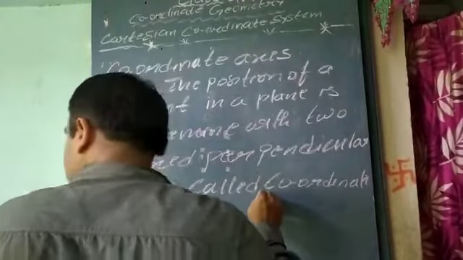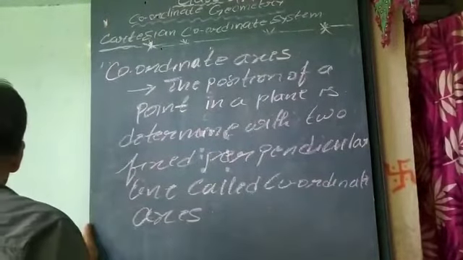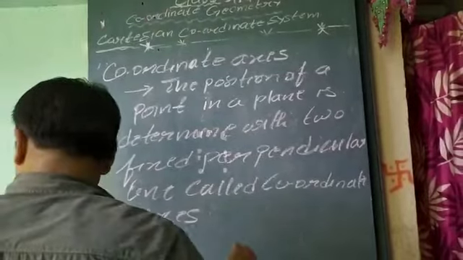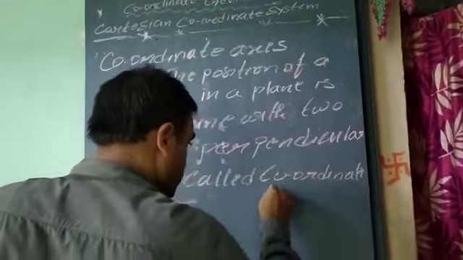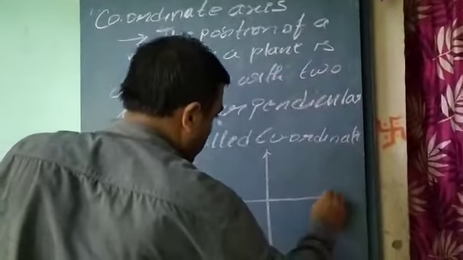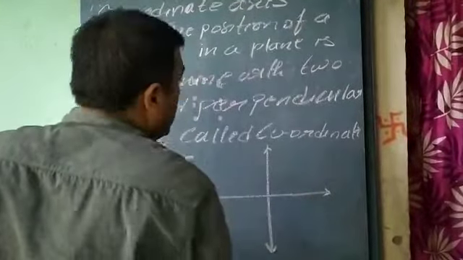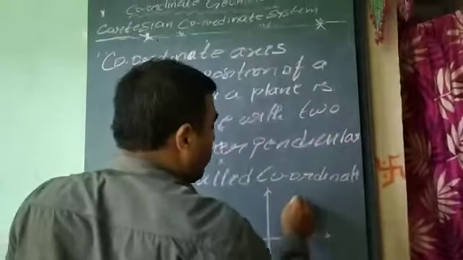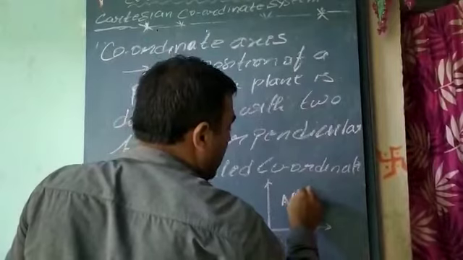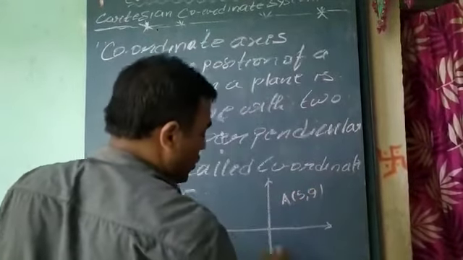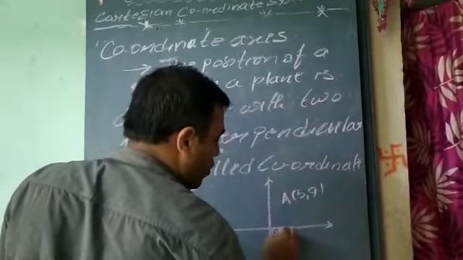So how do we represent the coordinate axes? We have taken point A, which is 5 and 9. Let this be the origin 0.